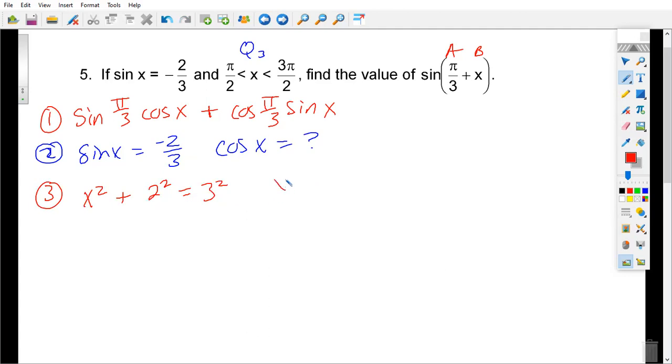So let's talk it out. What's 3 squared? 9. What's 2 squared? 4. What is 9 minus 4? 5. And then we take the square root of 5. So therefore, cosine of x equals, and like Daniel said, it has to be a negative square root of 5 because it's in what quadrant? 3. And our radius was 3.